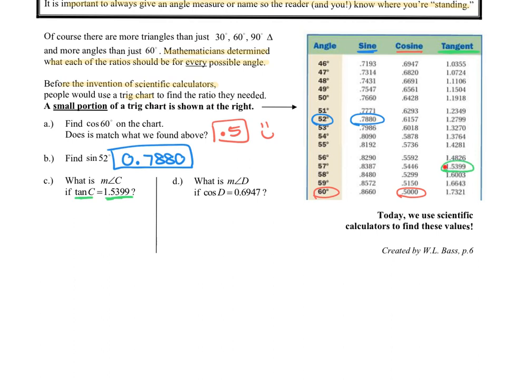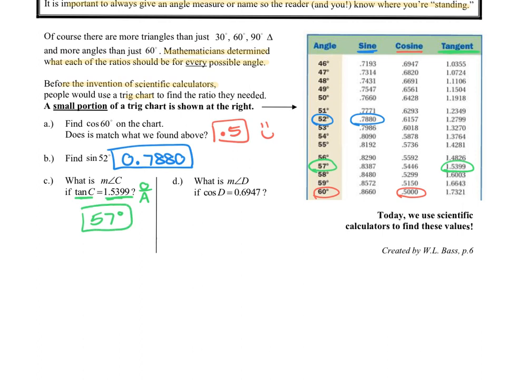And then I would follow that back and find that it's 57 degrees. So if I know that the ratio of the opposite leg over the adjacent leg is this fraction, then the angle I'm standing on must be 57 degrees.